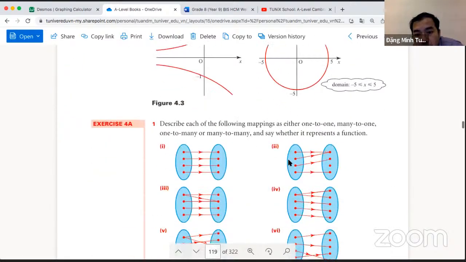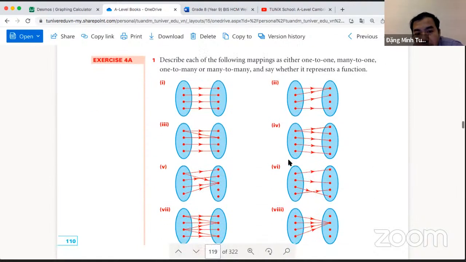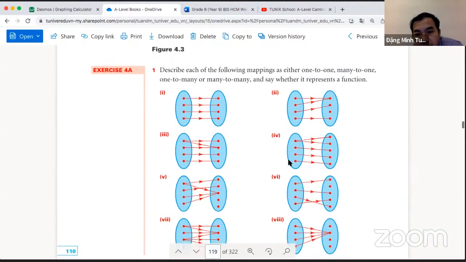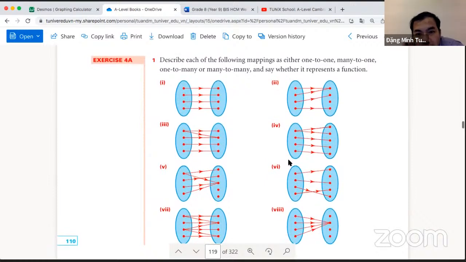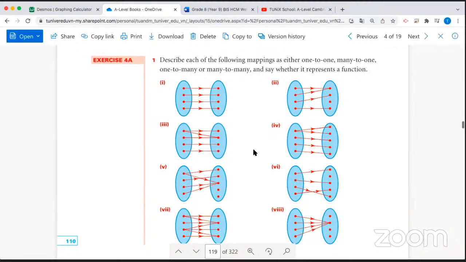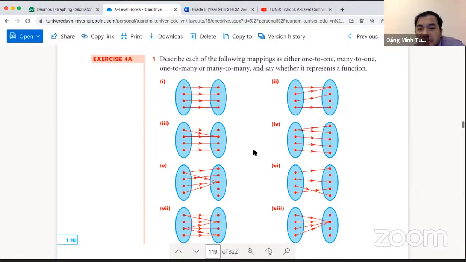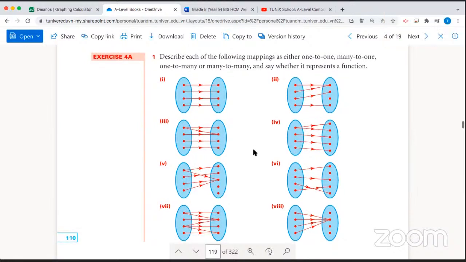So now we move on. Look at this one. Can you describe which one is one to one, which one is many to one, which one is one to many, and which one is many to many? I think it's one to one. And which will be the function? What is a function?